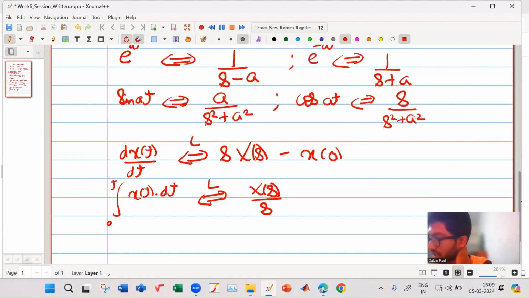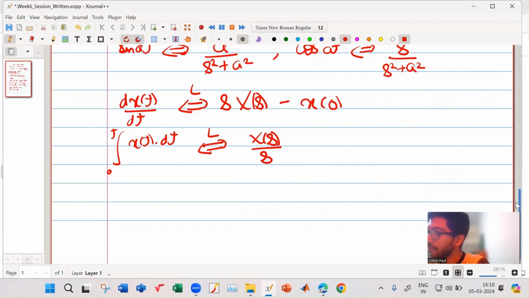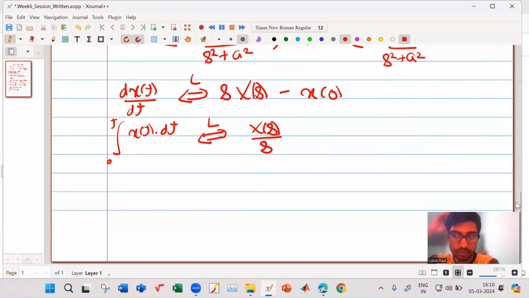So I hope this part is clear, right? Yes, sir. Okay. Now, these are certain relations which we have for Laplace transform.